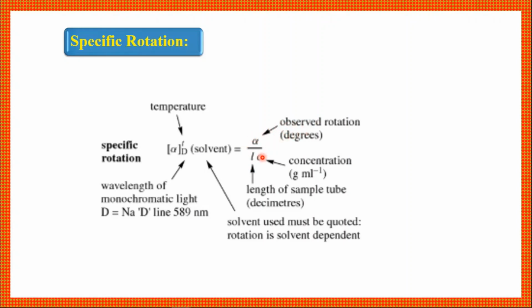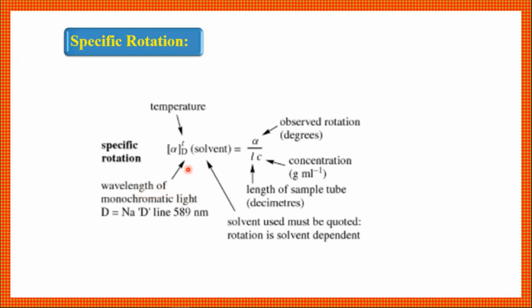Then C is the concentration of solution, that is gram per ml, and L is the length of the sample tube, that is in decimeter. Then T means temperature, and D means wavelength of monochromatic light, the wavelength of light you are using for detection.